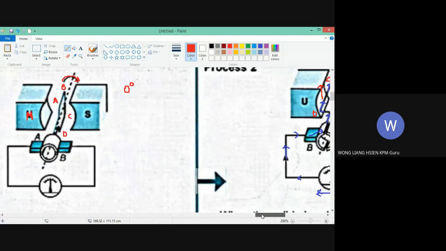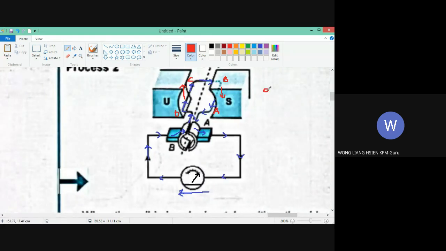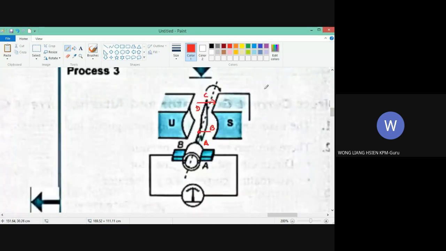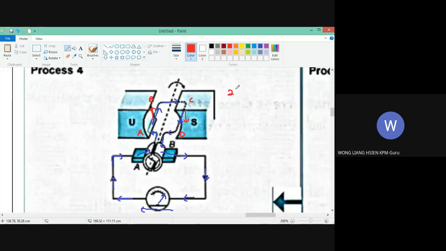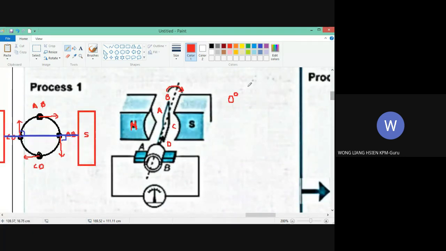Rotate until here, it will be 90 degree already, right? Rotate until here, it will be 180 degree. Then rotate until here, it will be 270 degree.